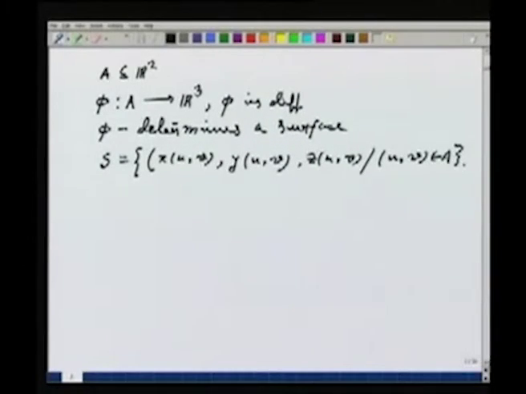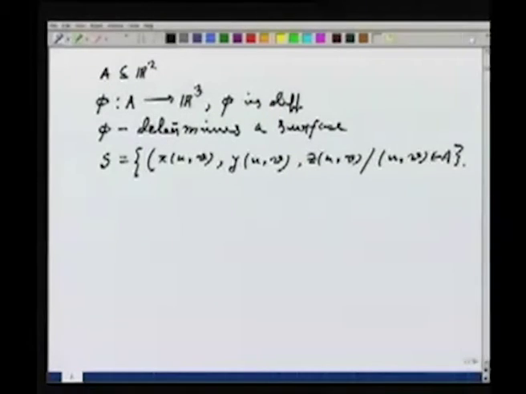Well, phi is a function from A to R3, so the image of phi will have an x coordinate, a y coordinate and a z coordinate. Those coordinates I have written as x(u, v), y(u, v), z(u, v), because these coordinates are going to be functions of u and v. Now this is the most general kind of surfaces we are going to deal with. These are called parametric surfaces, and u, v are called parameters.